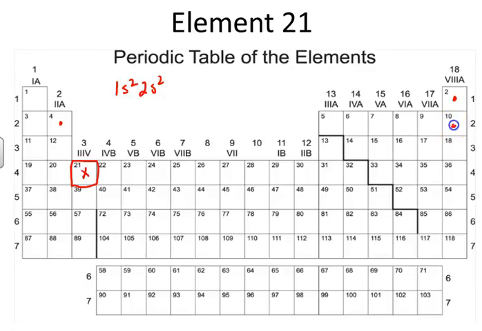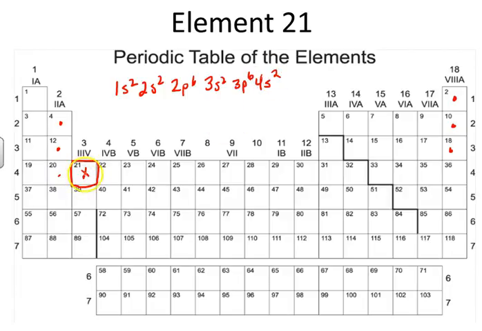To my next, 2p6. To my next, third period S block, second element. To my next, third period P block, sixth element. To my next, fourth period, S block, second element.